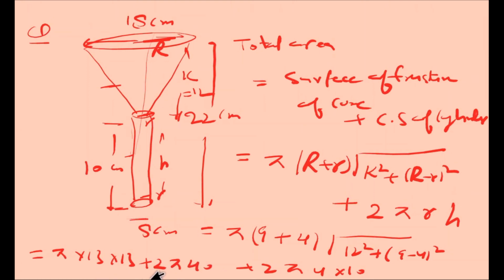Now after this you can solve yourself. Student, take pi common, do the cancellation and adding, and you can solve. The unit will be in centimeter, so the answer will be in centimeter square. You can solve this yourself, I will not solve it. Using the pi value, either 22 upon 7 or 3.14, you can solve it.